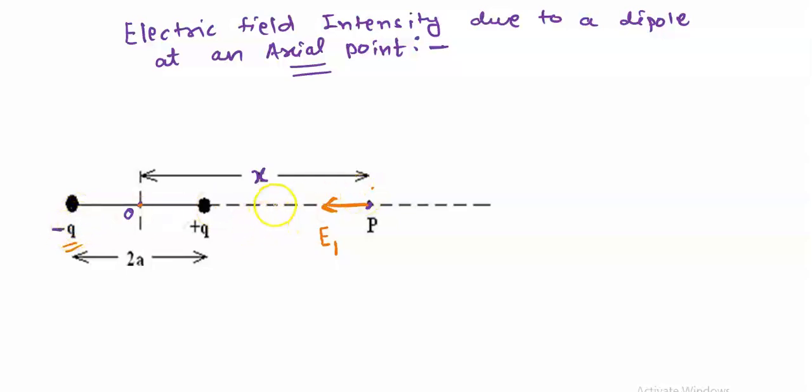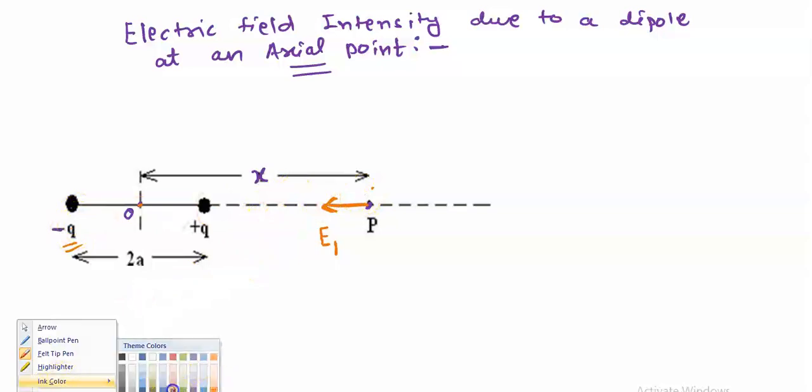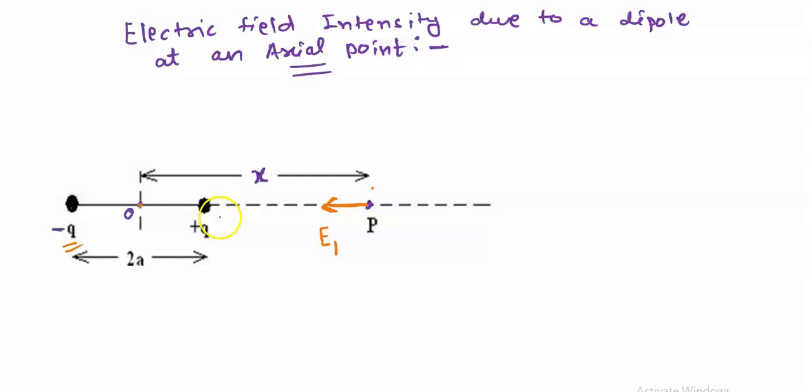After that, if we think about another charge plus q, certainly this plus q charge will repel this positive test charge which is kept at point P. So this repulsion will be taking place like this. Do remember I have deliberately drawn these two arrows of unequal lengths.